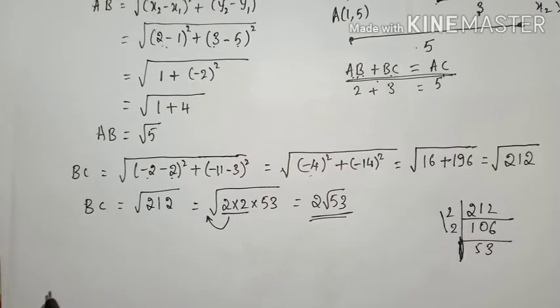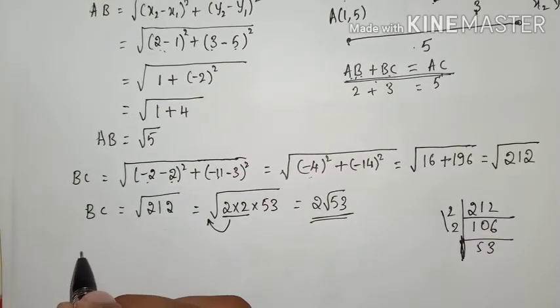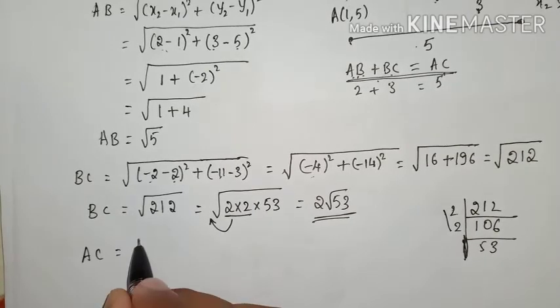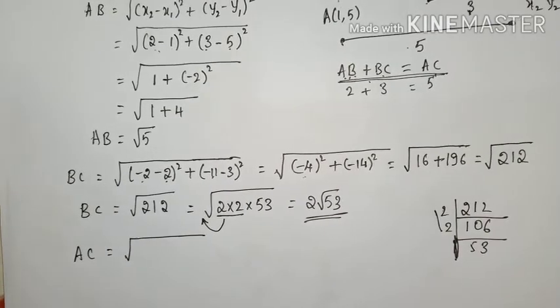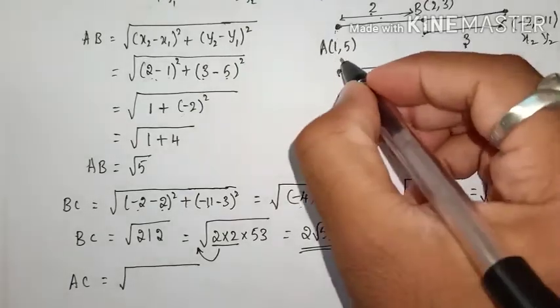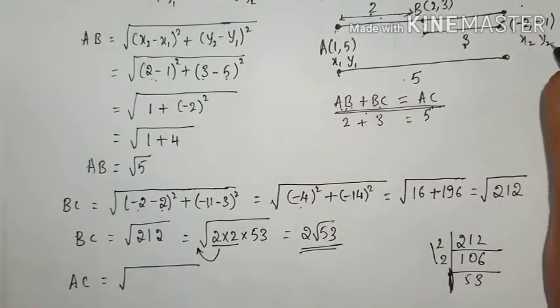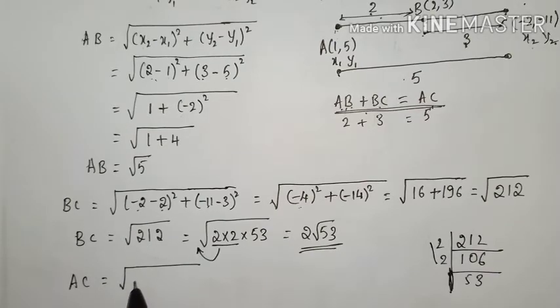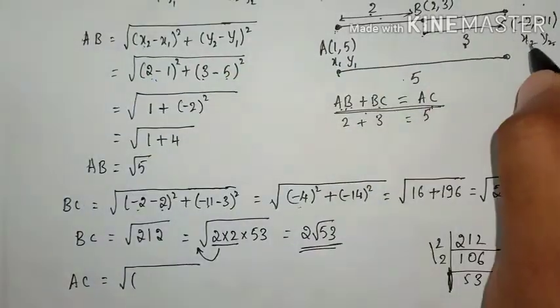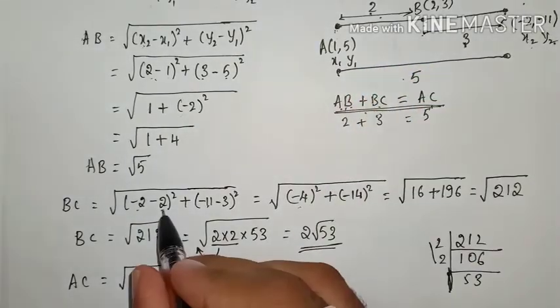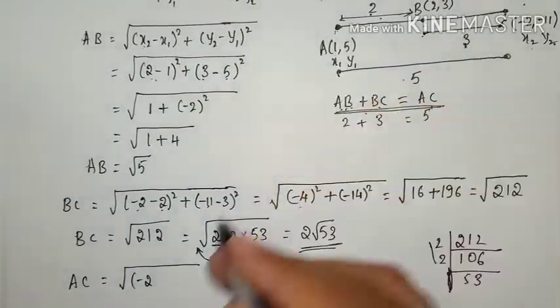There is one more. What is that? AC. Okay, so AC. So here x1, y1, x2, y2 as it is. Okay, so x2 is how much? Minus 2, and x1 is how much? 1.